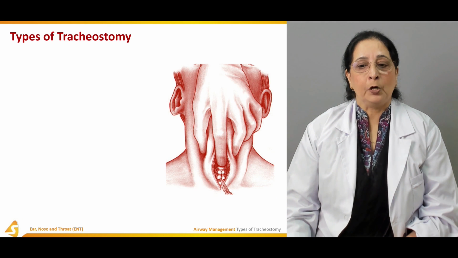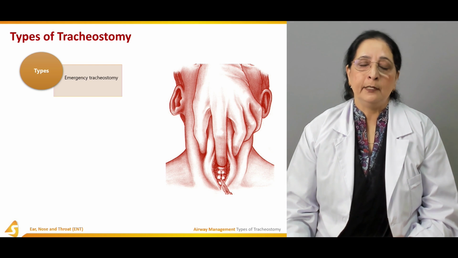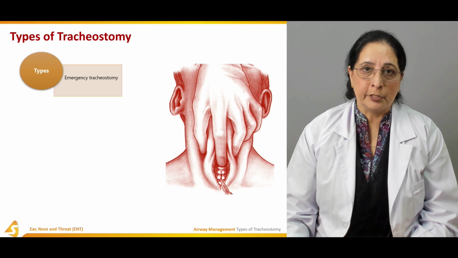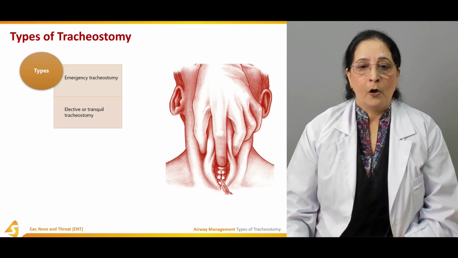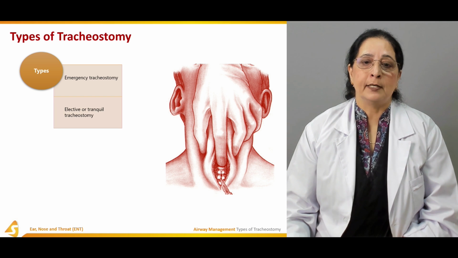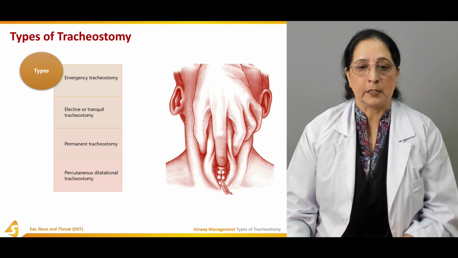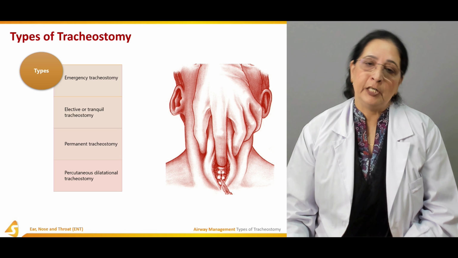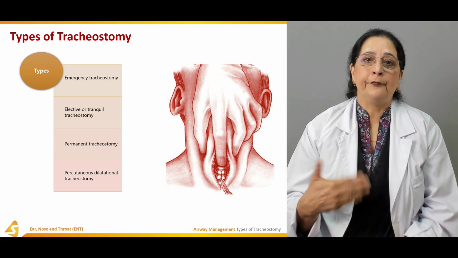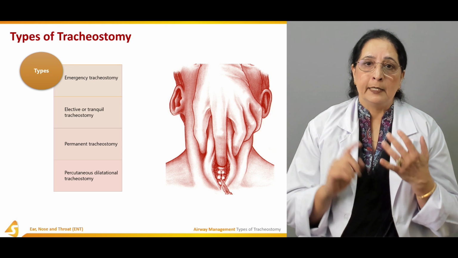So the types of tracheostomy, we have emergency, which can be performed in emergency situations. Then we have elective or tranquil tracheostomy, and then permanent tracheostomy, percutaneous dilational tracheostomy. So these are different types of tracheostomy that can be performed.